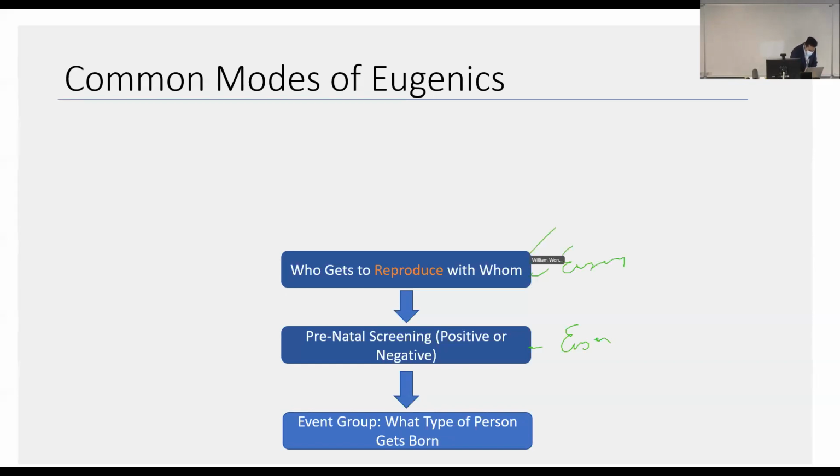Of course, this most of the time is voluntary, right? Who gets to reproduce with whom? As I said at the very beginning, it's quite natural for you to be picky about your date, about who you marry, and about who you have children with. And I'm sure even some of those times, people are choosing on the basis of disease, but not always.